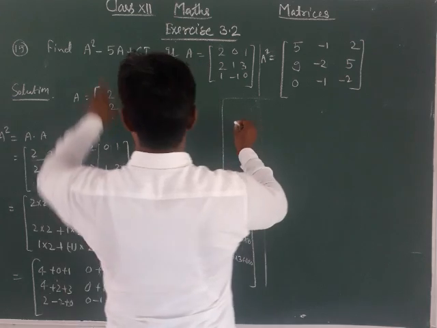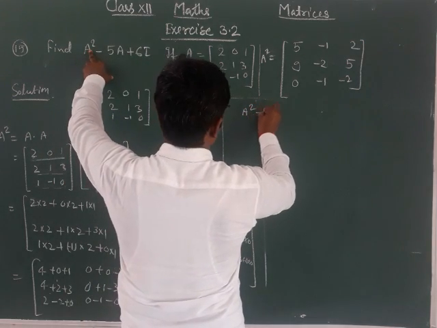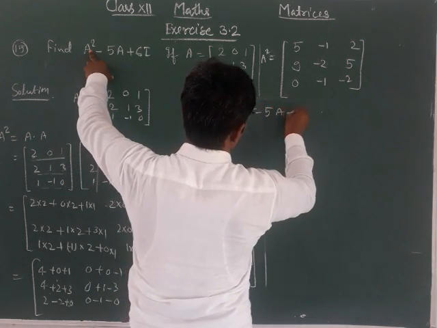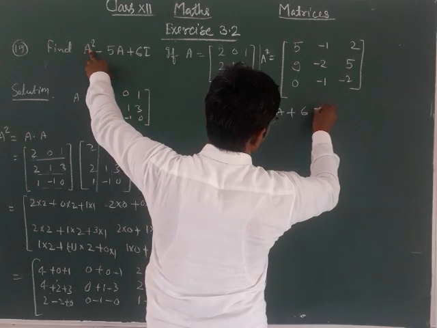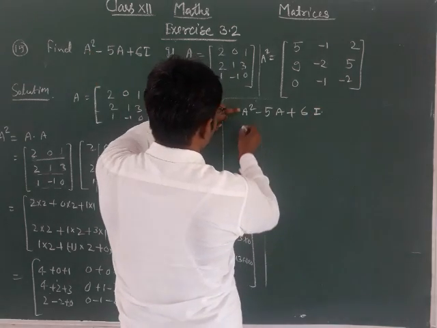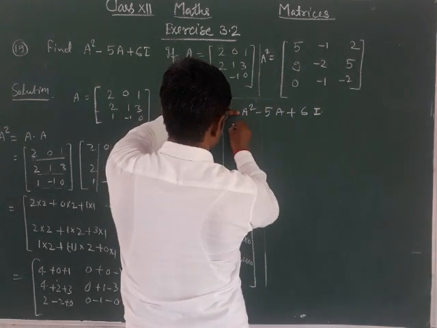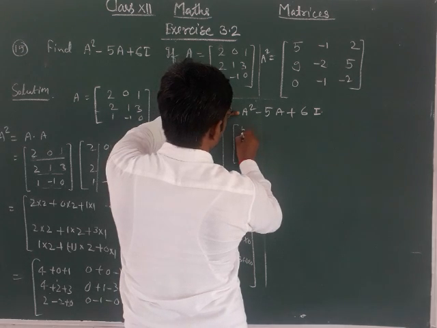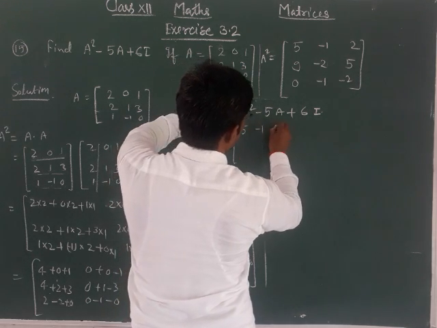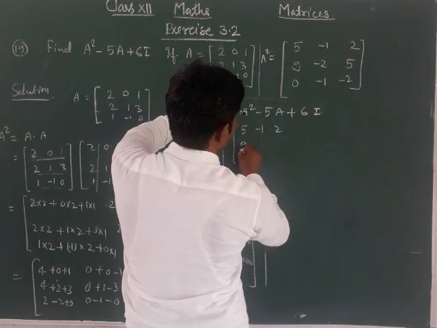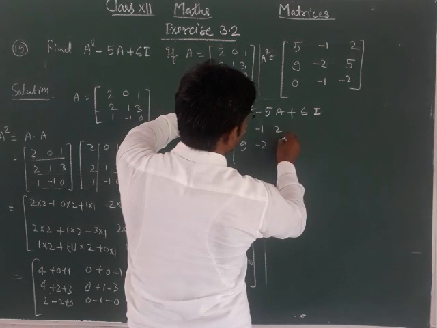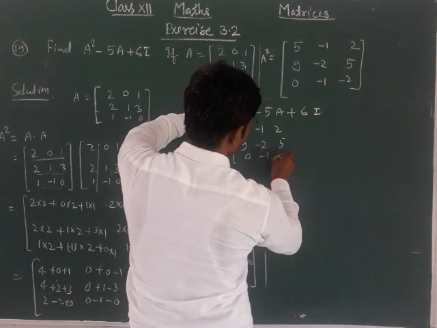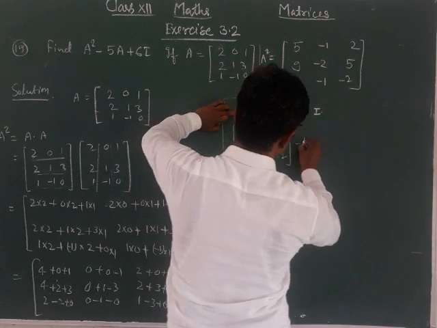Now this is A squared minus 5A plus 6I. So A squared is this: 5, minus 1, 2, and 9, minus 2, 5, 0, minus 1, minus 2, minus 5.